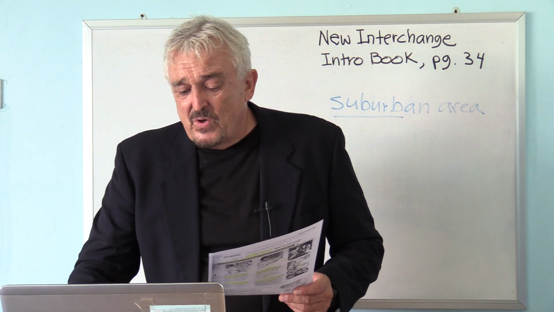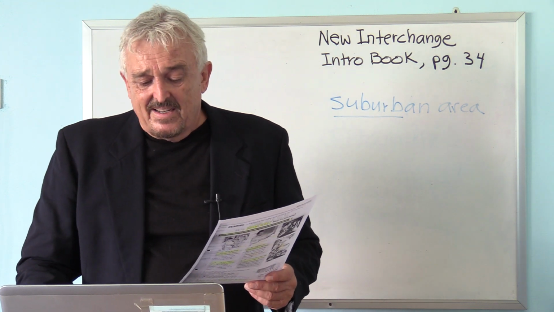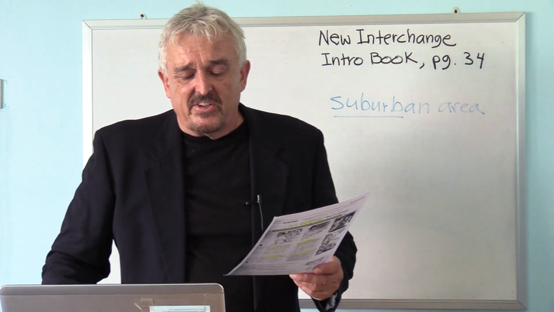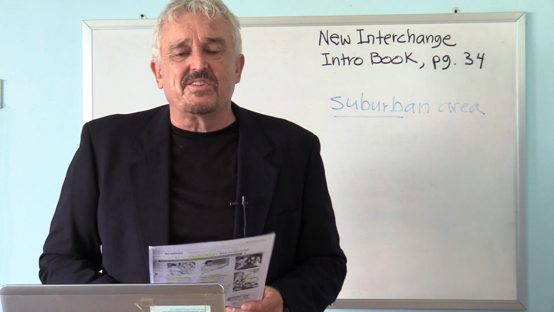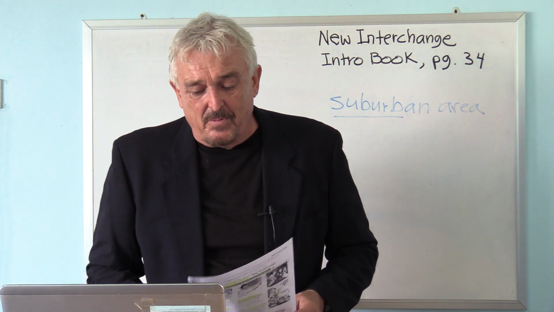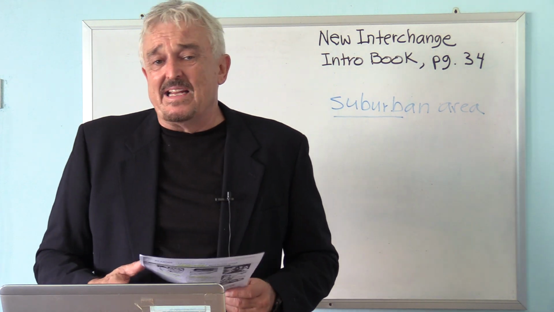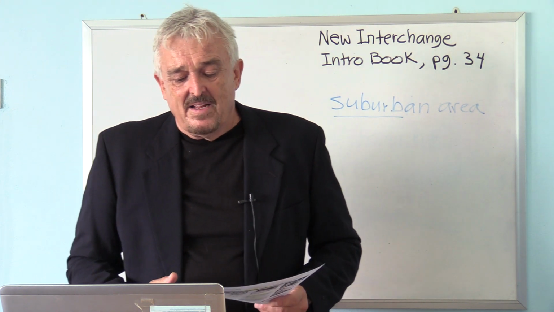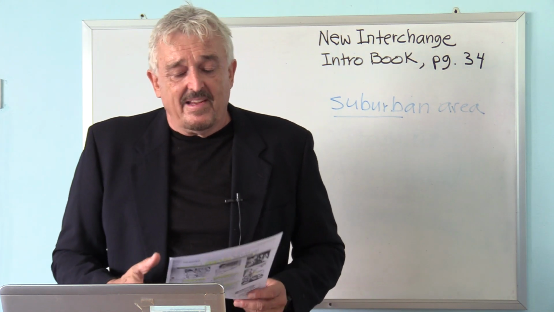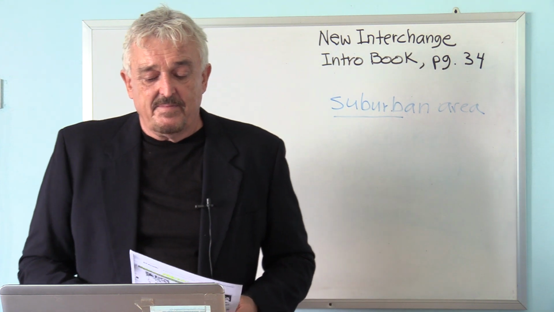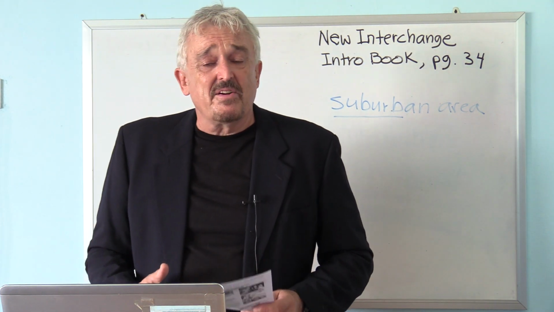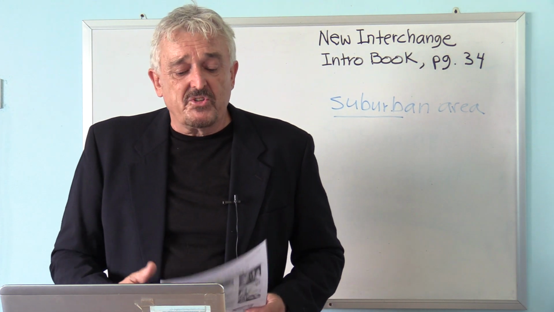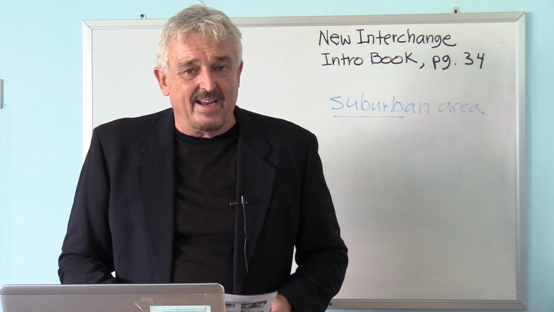All right, and so let's look at slide 2 again. What is a suburb? And you say this after me, okay? What is a suburb? A suburb is a suburban area. It is part of a city, but mostly houses where people live.